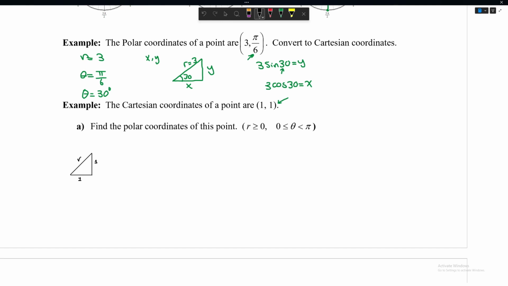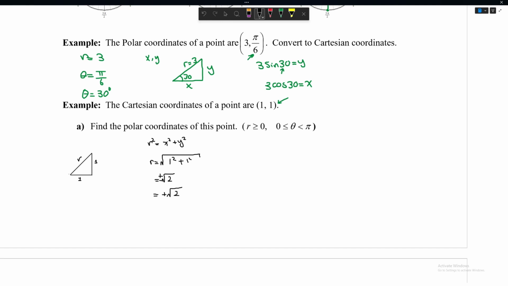So if we want to solve for our r, we can use our Pythag, right? r squared equals x squared plus y squared. And now we can isolate for r equals the square root of 1 squared plus 1 squared. And what this will equal is the square root of 2. Now, when you square root, you get plus minus, right? But it says your r has to be bigger or equal to 0, so this has to be positive. That's just as simple as that.